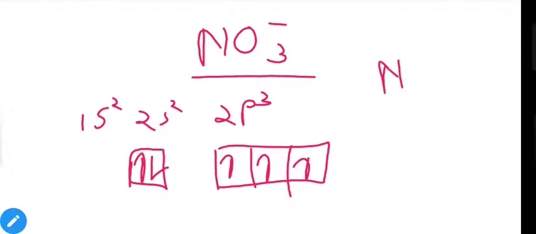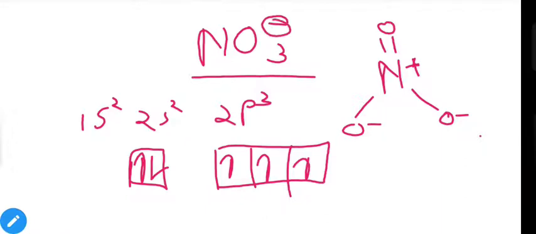For nitrogen, 4 bonds are formed around it. One of the oxygens will be double bonded, 2 oxygens are single bonded. These 2 oxygens will be negative in charge, but one extra electron is used by the nitrogen, so it carries positive charge. So 1 positive and 2 negative charges, overall it will be -1 in charge.